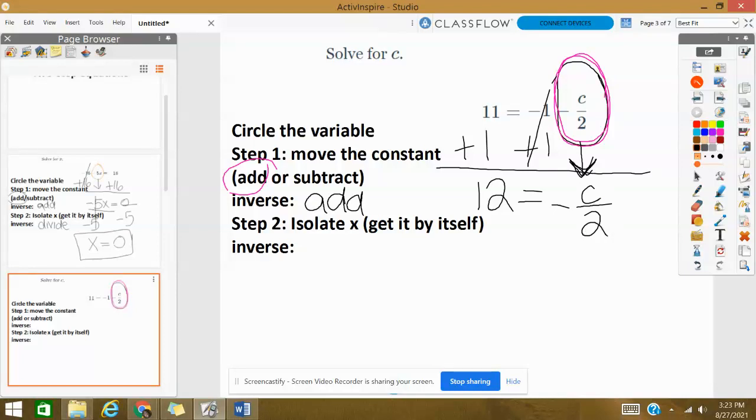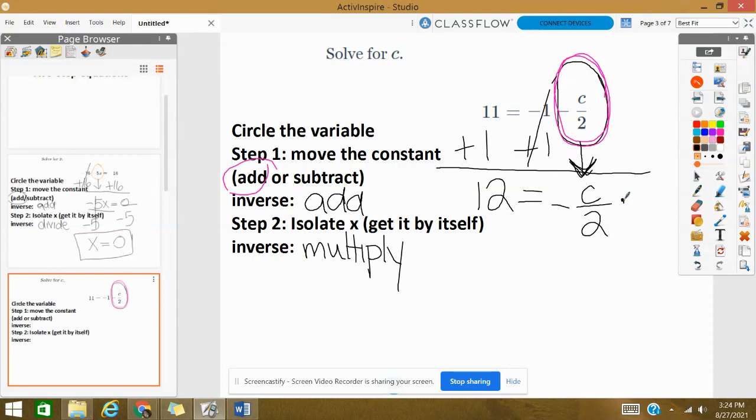Now, remember, guys, anytime you see division or a fraction, most of the time, you should think of division. So in this case, I have a negative c over 2. In order to solve for this equation, to get rid of division, my inverse is going to be to multiply. Okay?